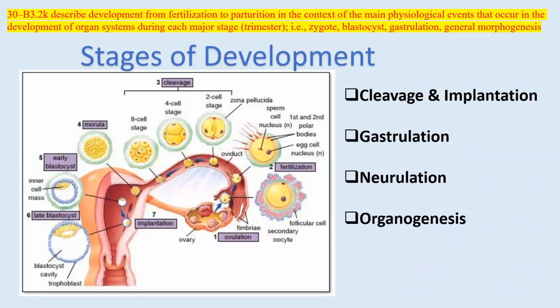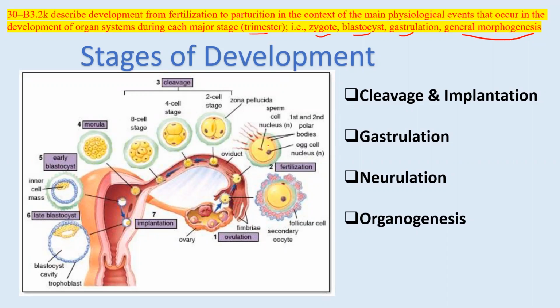Describe the development from fertilization to parturition in the context of main physiological events that occur in the development of organ systems during each stage or trimester. So some keywords here: zygote, blastocyst, gastrulation, and general development of the organs, known as morphogenesis. So the first stage is cleavage and implantation.